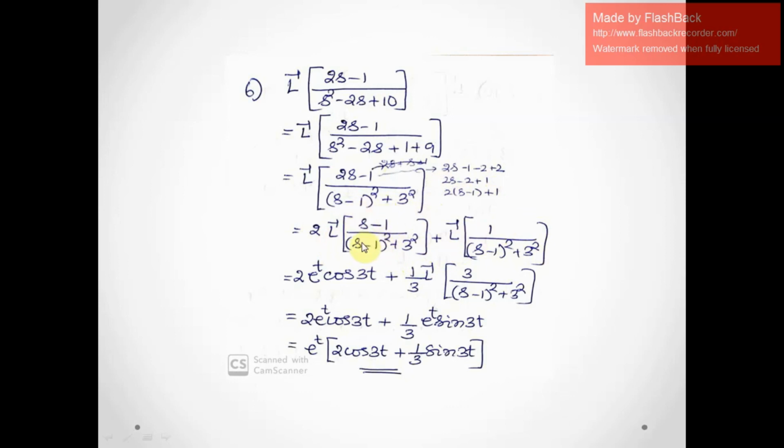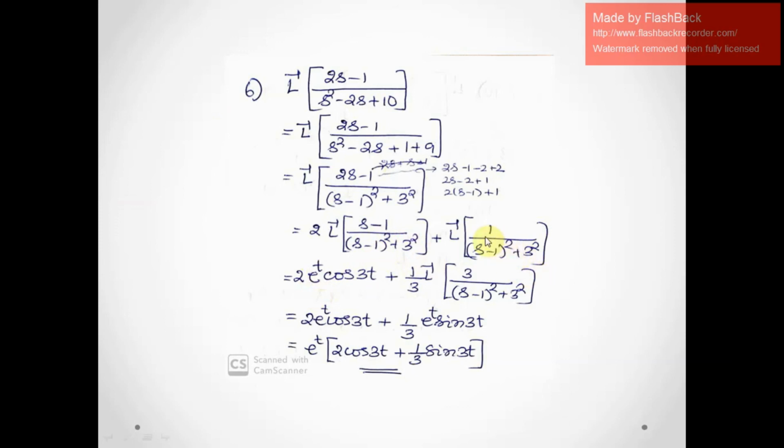Now my s looks same, numerator and denominator, it is s minus 1, so that it is of the form s by s square plus a square, that is plus, then it becomes cos at, a is 3, so cos 3t, with a shifting of minus 1 so that I have e power plus 1t.